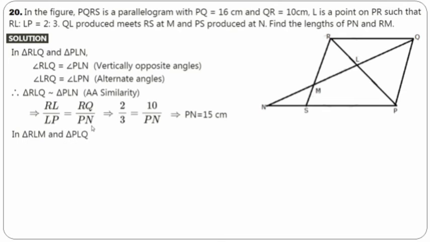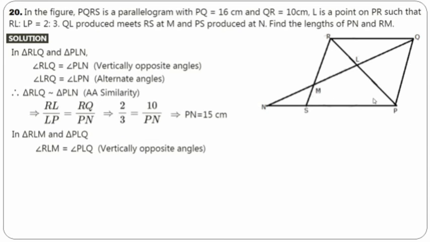Next, we'll observe triangle RLM. RLM is just this triangle, and the next triangle is this triangle PLQ. Obviously these two are vertically opposite, so they will be equal. Now again these two are parallel, remember.